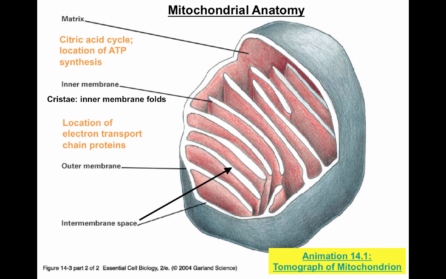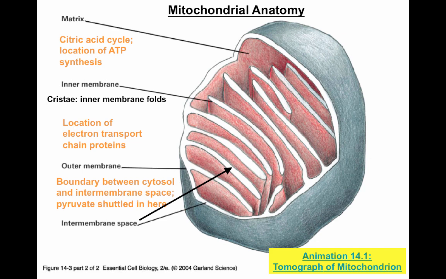Now, you have the invaginations of the mitochondria, which are going to generate a large surface area for the respiratory reactions to happen. And you have the outer membrane of the mitochondria as well as the inner membrane of the mitochondria generating the cristae, which are those inner membrane folds. Now, in the inner membrane, you have the localization of the electron transport chain proteins.